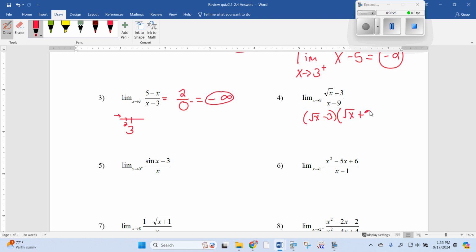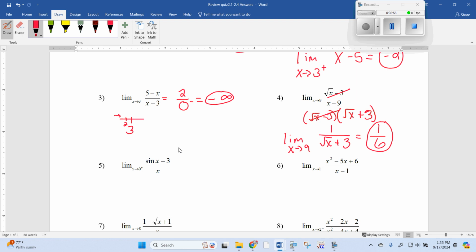Once again, we would not necessarily ever really factor that way other than it matches the top. So now we can cancel, and I have the limit as x approaches 9 of 1 over (the square root of x plus 3). Now when I substitute in 9, that gives me a 3, so I get 1/6.